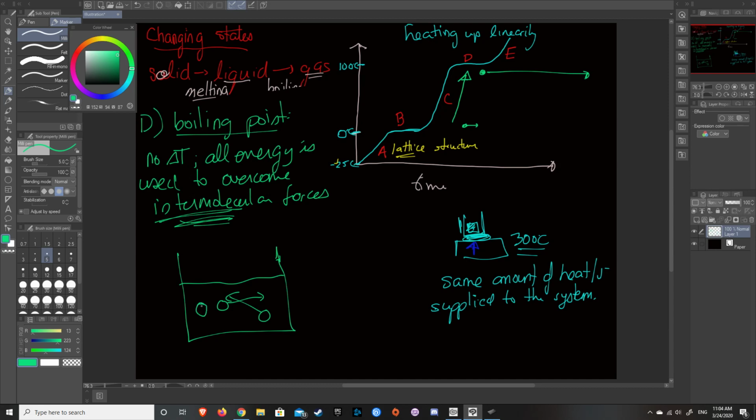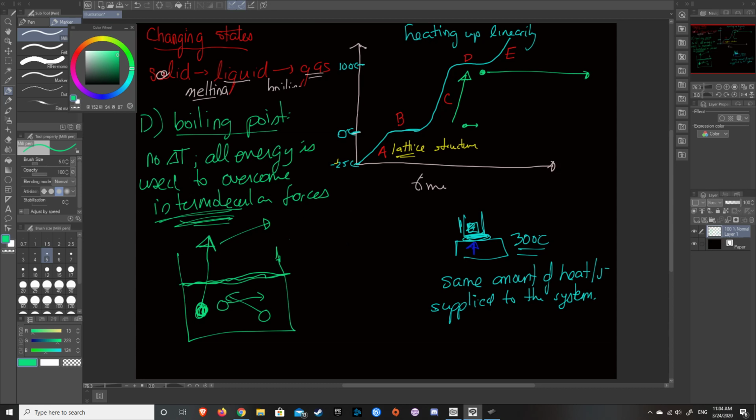So what happens is that this one right here gains enough kinetic energy that he can fly out of the solution. And now he's entered the gas phase. So he's turned from a liquid to a gas. He has the energy and he escapes the intermolecular forces of the solution in order to enter the atmosphere and start to travel around in the gas phase.